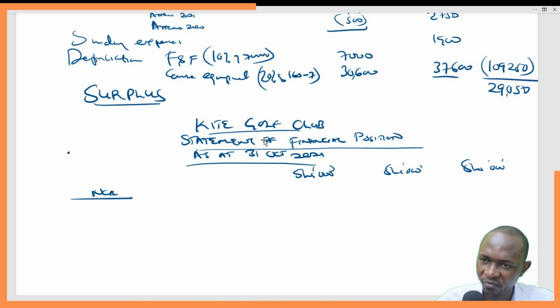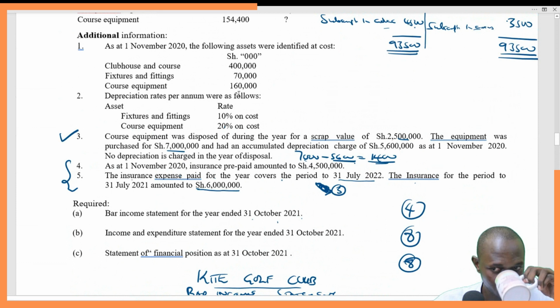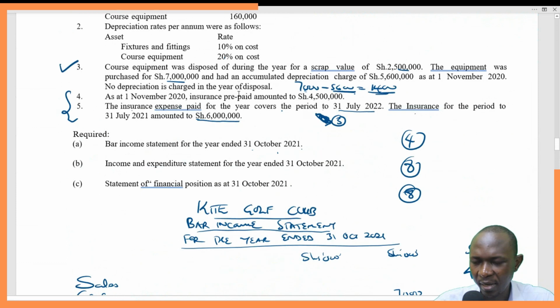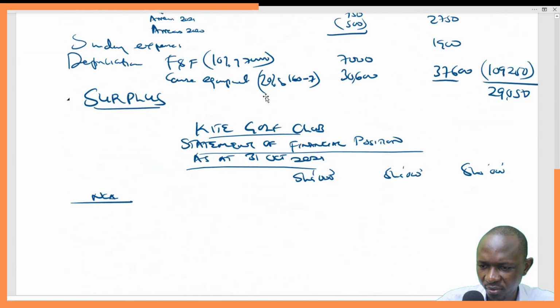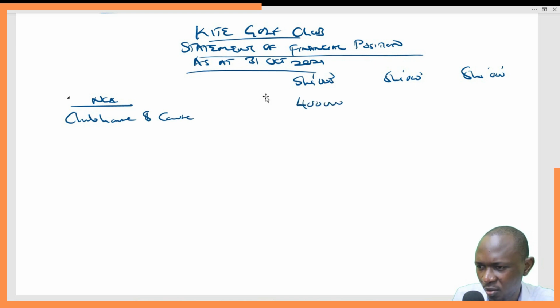I saw our first non-current asset was the clubhouse and course at 400,000. So this is 400,000. We have not been given any signs of depreciation. Then of course we have furniture and fittings. We just dealt with it.